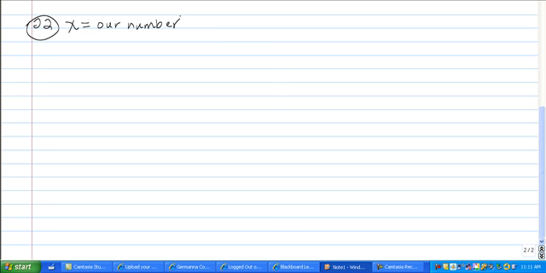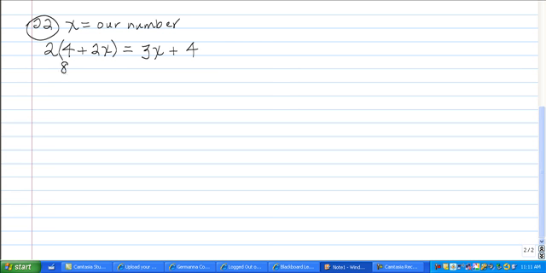So it says if 4 is added to twice a number, okay, and this sum is multiplied by 2. That sum is multiplied by 2. The result is the same, so equals, as if the number is multiplied by 3, and 4 is added to the product.